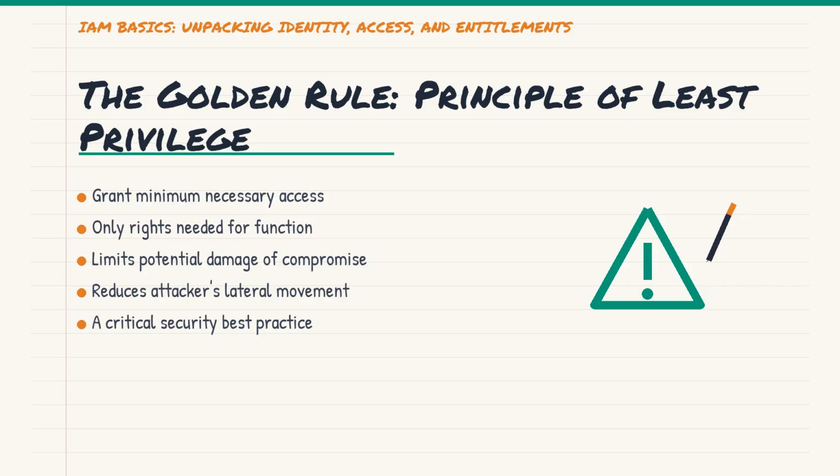If a server only needs to read configuration files, it shouldn't have write access. Following this principle significantly reduces the potential damage if an identity is ever compromised, limiting the attacker's reach. It's like giving someone only the exact tools they need for a specific job, not the whole toolbox.